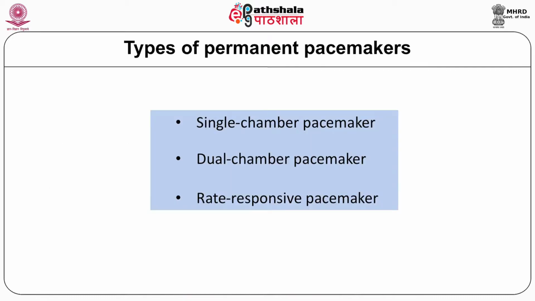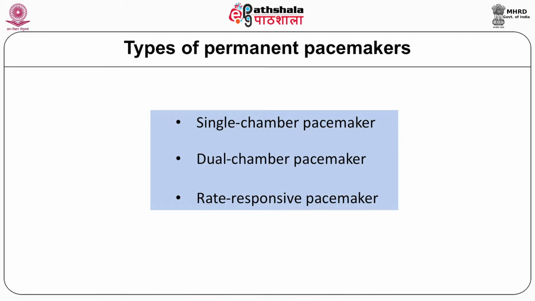Let's discuss the different types of permanent pacemakers. One is the single chamber pacemaker, where one pacing lead is placed into a chamber of the heart, either the atrium or the ventricle. The second type is the dual chamber pacemaker. Here the leads are placed in two chambers of the heart.